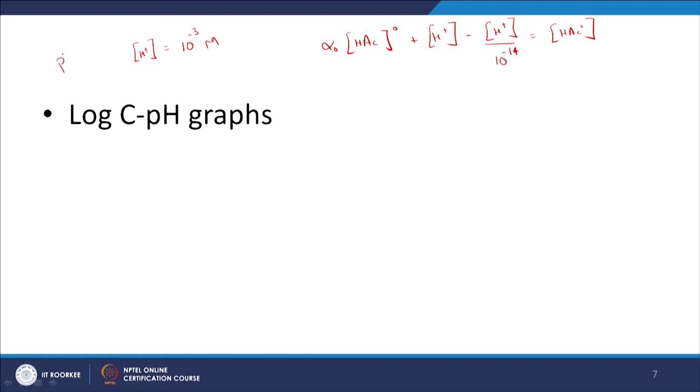And why is that? Because you know that at equilibrium the pH you want is pH 3. So from that we have the concentration of H plus.